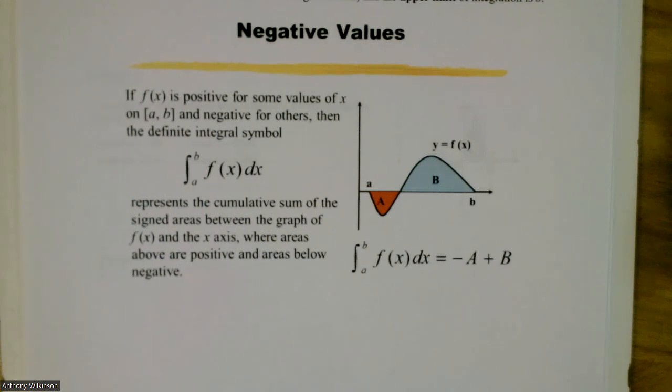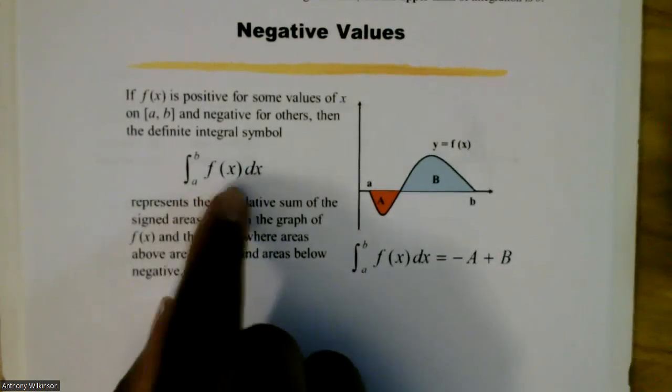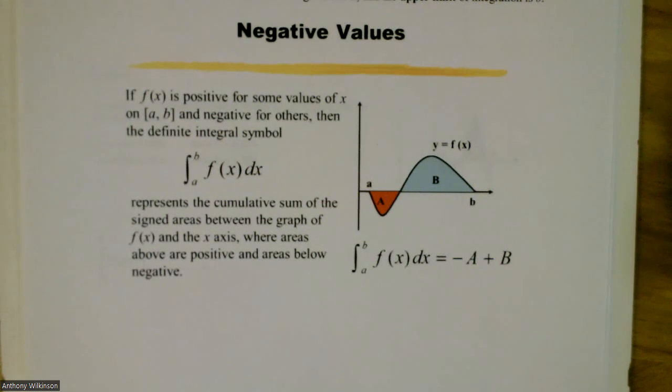If f of x is positive for some values of x on the closed interval a comma b and negative for others, then the definite integral symbol, the integral from a to b of f of x dx, represents the cumulative sum of the signed areas between the graphs of f of x and the x-axis, where areas above are positive and areas below are negative.